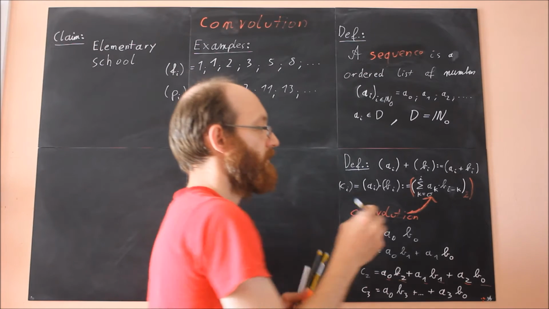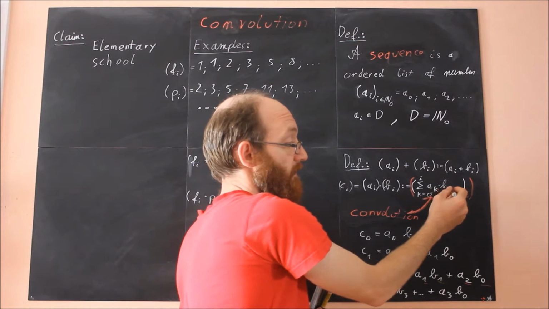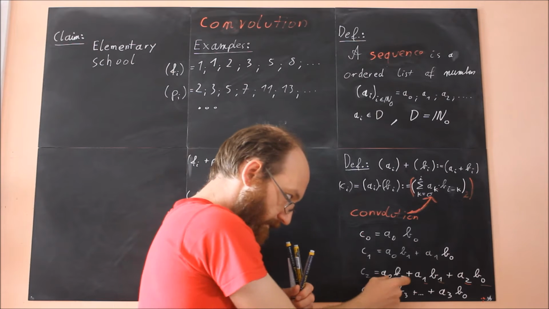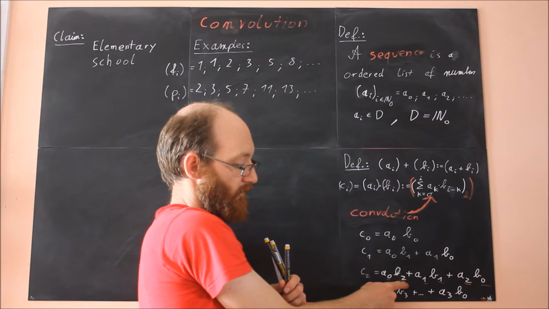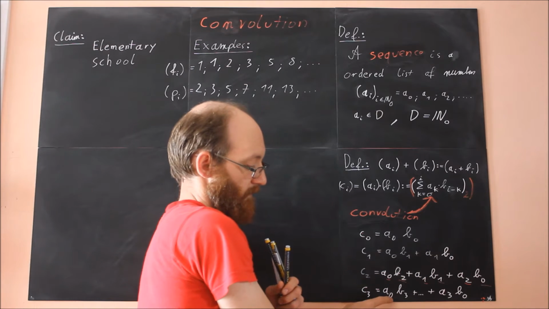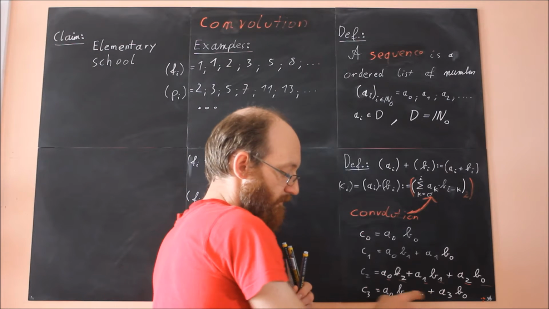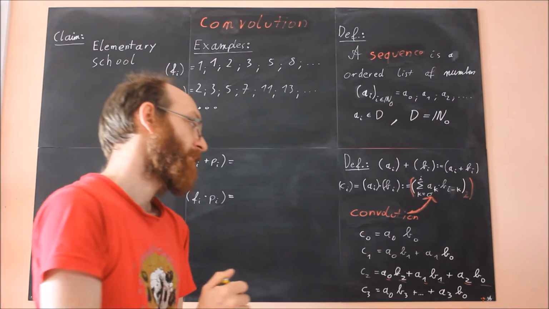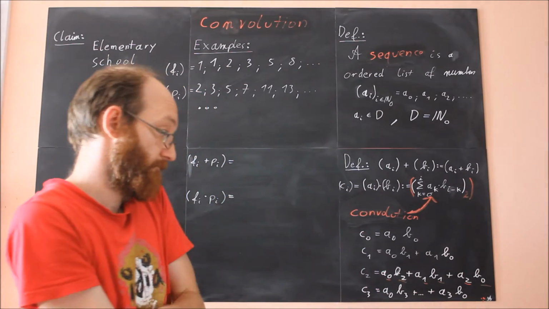As you can see here, the sum of these two indices, k plus (i minus k), is exactly i. So the sum of the indices is the position in our new list. 0 plus 2 is 2, 1 plus 1 is 2, 2 plus 0 is 2. 0 plus 3 is 3, 1 plus 2 is 3, 2 plus 1 is 3, 3 plus 0 is 3. So this is the definition of our product of two lists.